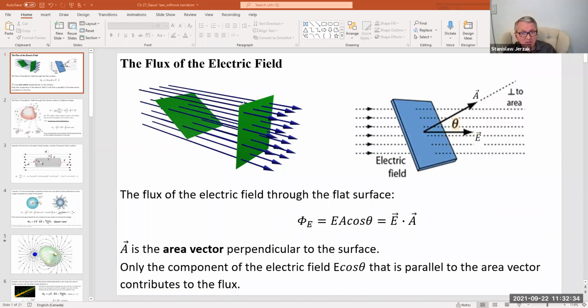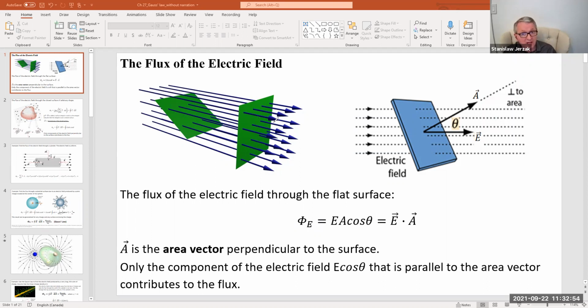And the magnitude of that flux of electric field, as you might imagine, must depend on the strength of electric field, because when the electric field is very strong, then we represent that strong electric field by drawing now electric field lines of high density. We draw many of these electric field lines.